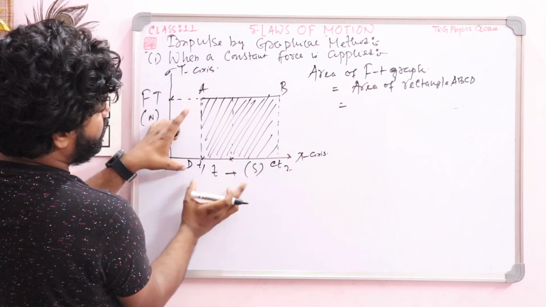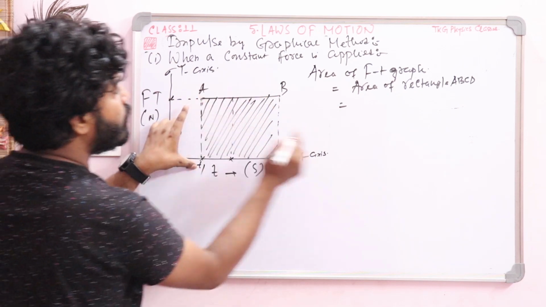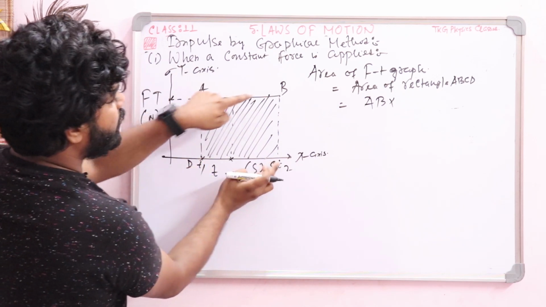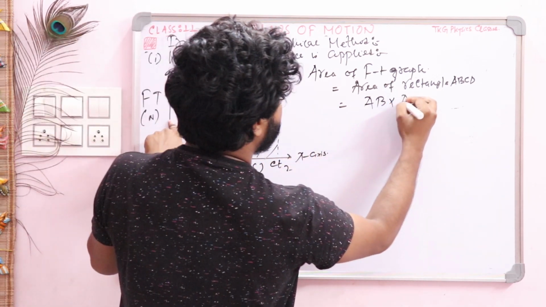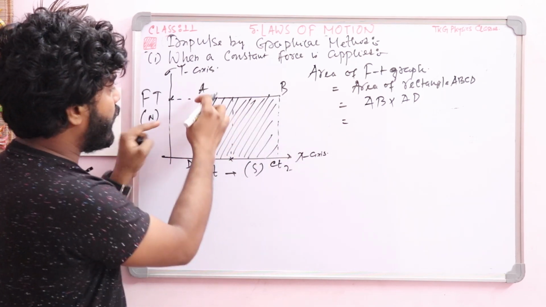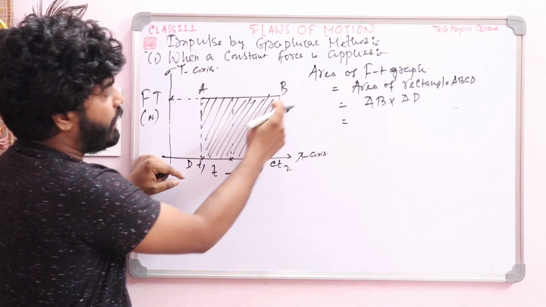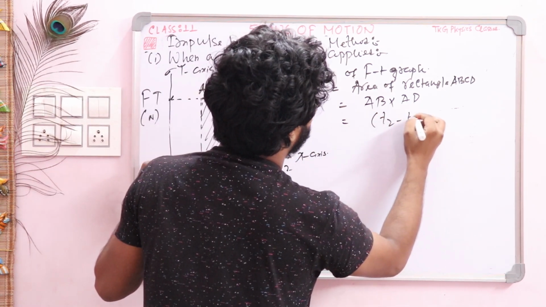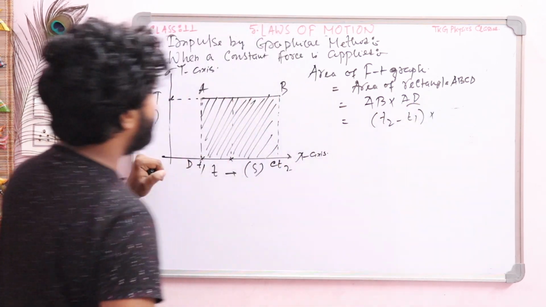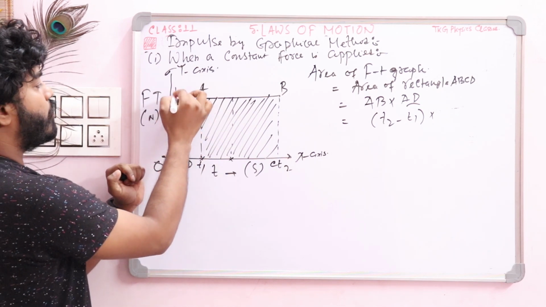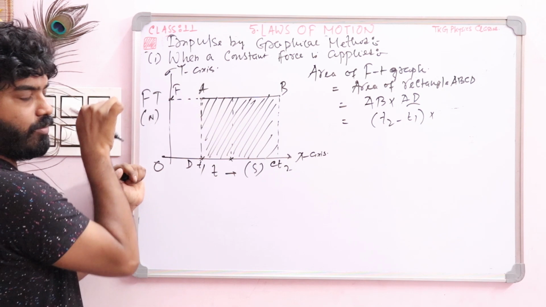So length, you can write DC or AB, write AB, and breadth is AD, or you can write BC, you write AD. Now observe the value of AB. A corresponds to time t1, B corresponds to time t2. So AB means t2 minus t1. And what is the value of AD? D corresponds to 0, this is the origin, and A corresponds to force F, the constant force.